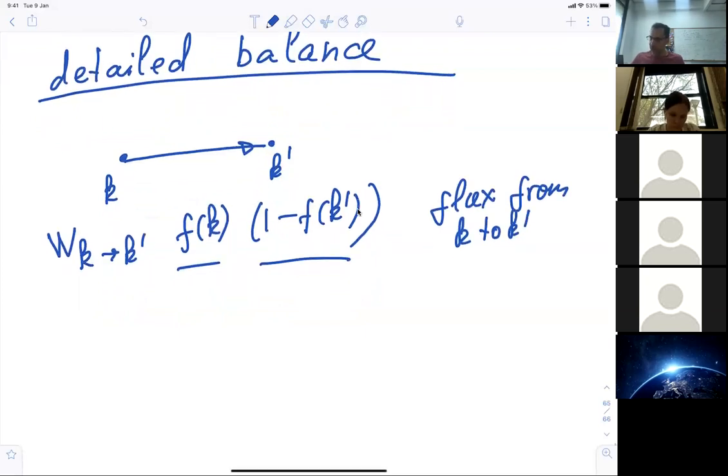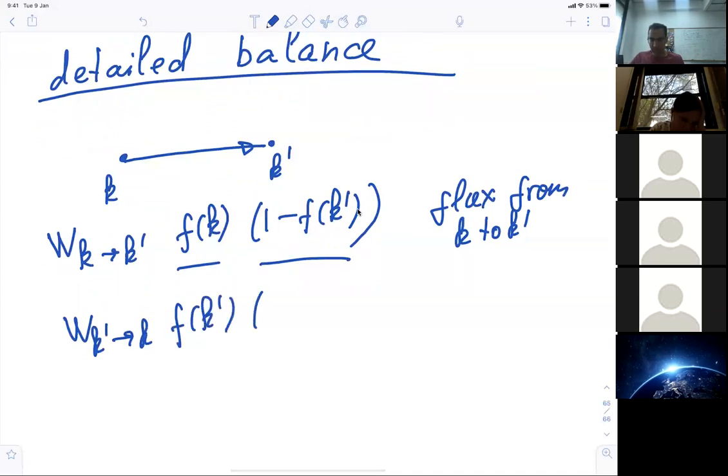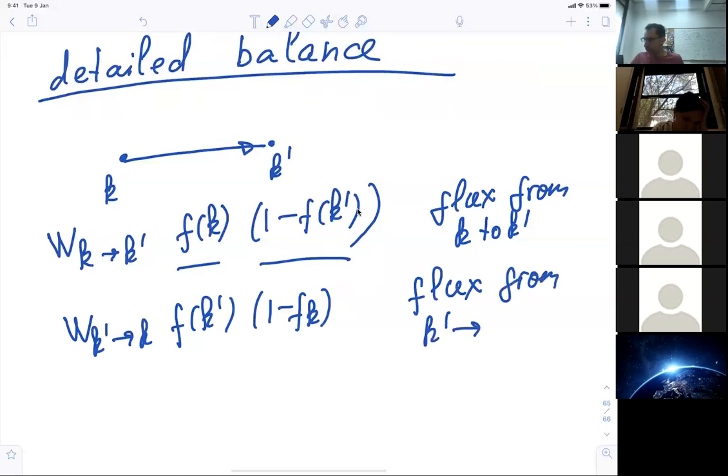Then you can ask, what is the flux from k prime to k? And obviously, the flux from k prime to k looks very similar. So this is the flux from the state k prime to state k.